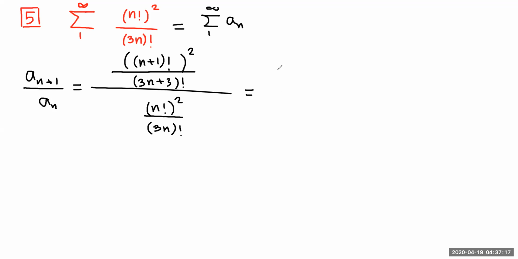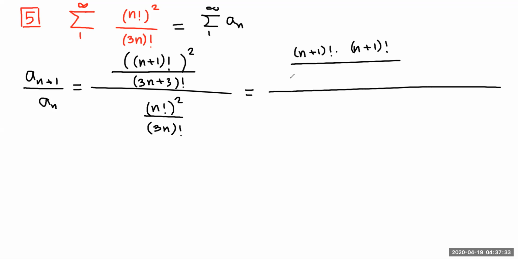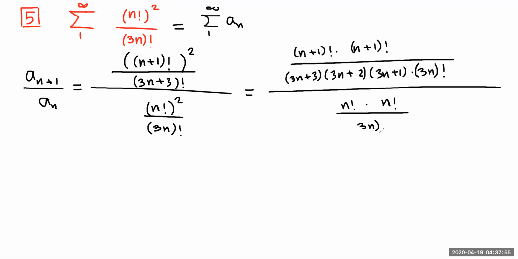Okay, let's continue. Let's write here up. I have n plus 1 factorial times n plus 1 factorial divided by 3n plus 3 times 3n plus 2 times 3n plus 1 times 3n factorial, divided by n factorial times n factorial divided by 3n factorial.